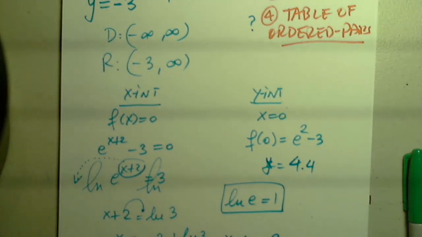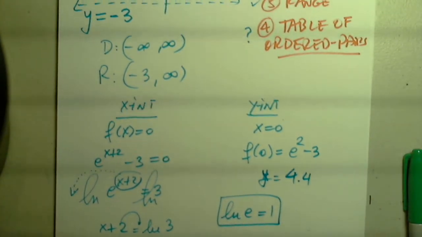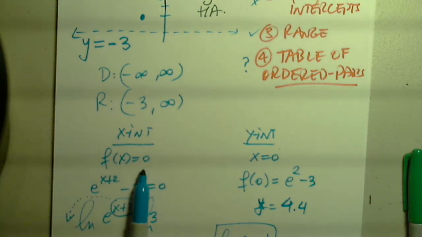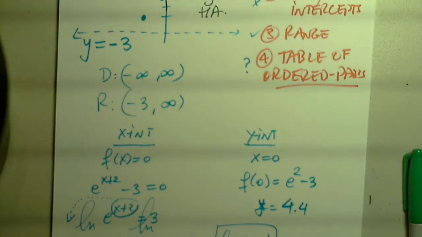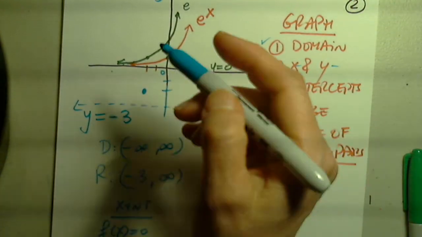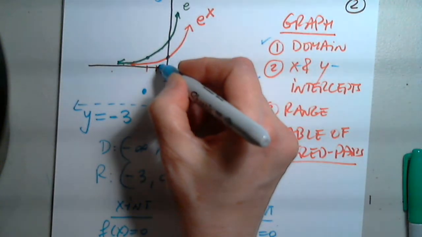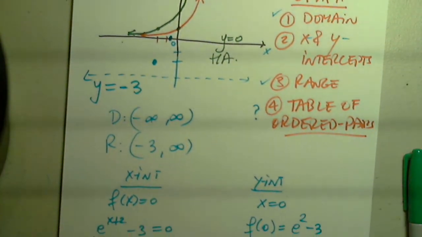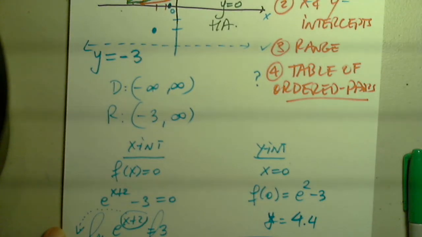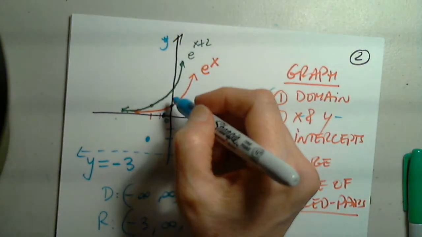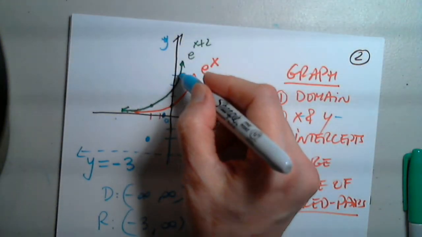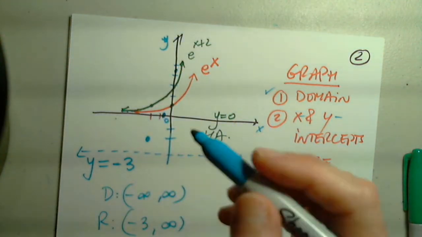Okay, so I found the ordered pairs. So y is 0 when x is -0.9, and x is 0 when y is 4.4. 1, 2, 3, 4, 5, 4.4.